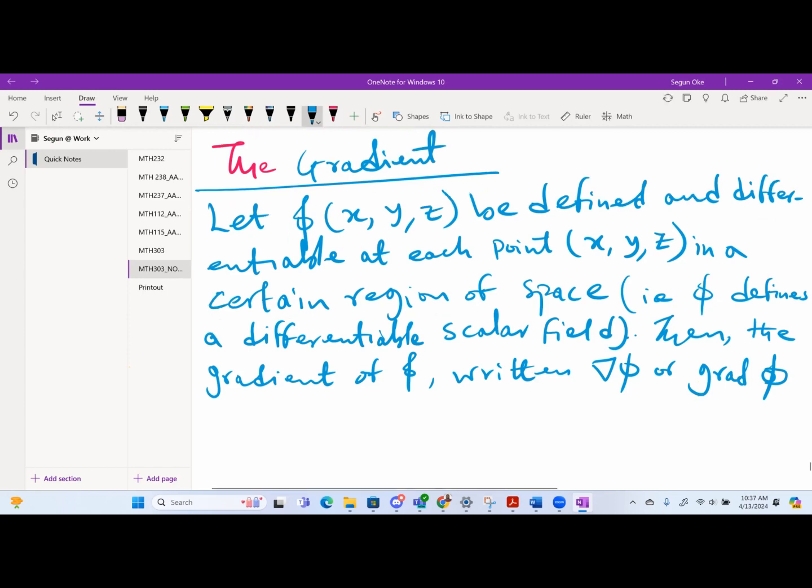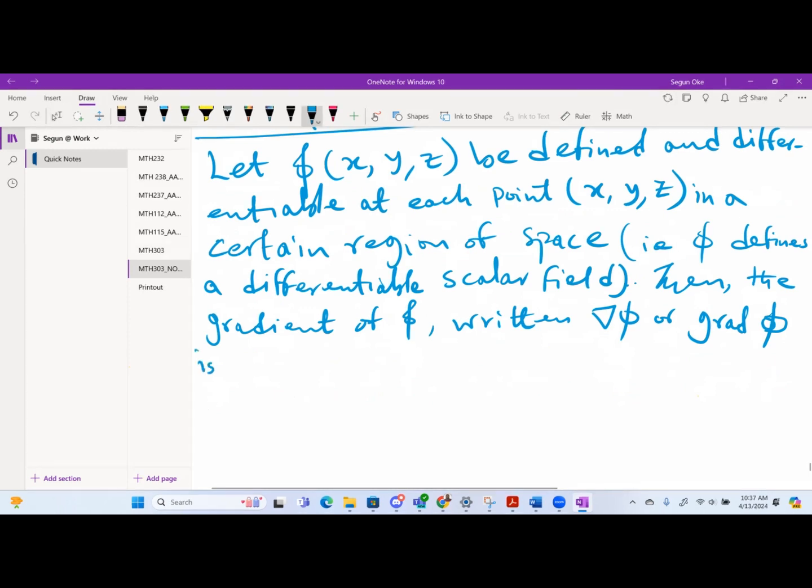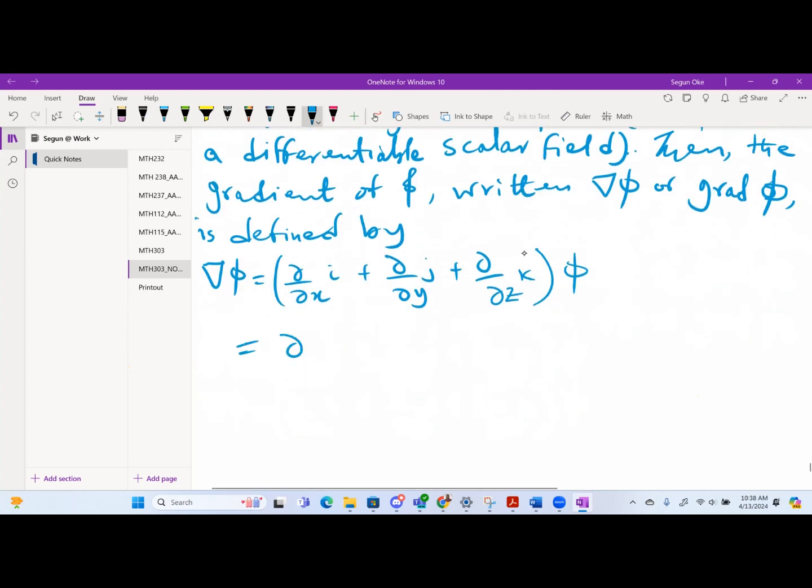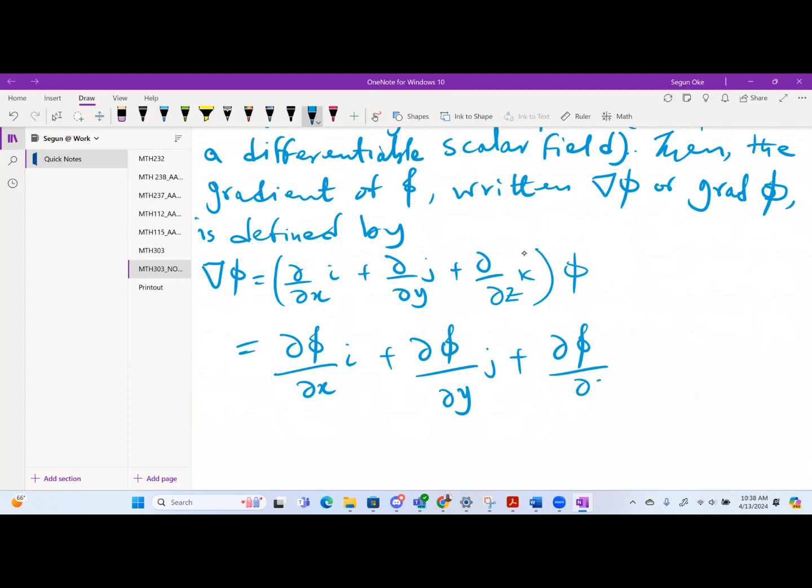And it is defined by del of phi to be equal to d/dx i plus d/dy j plus d/dz k, everything multiplied by phi, which is the same thing as the partial of phi with respect to x i plus the partial of phi with respect to y j plus the partial of phi with respect to z k.